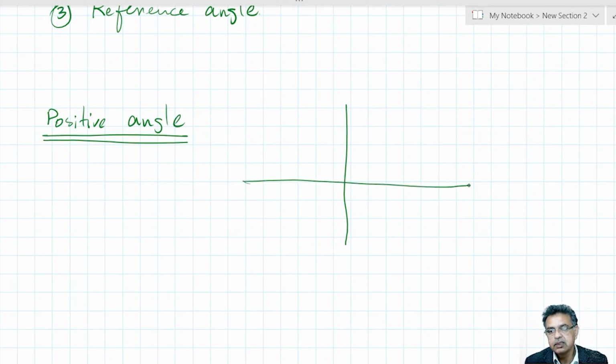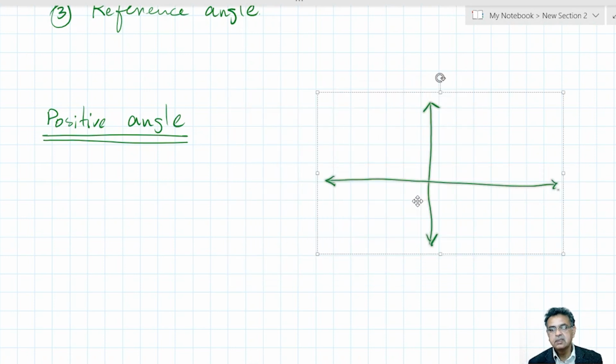So far we will discuss only the angles. Later on we will relate them to those concepts of right angle triangle. Positive angle: let's write a formal definition of it, then we will refer to this figure.